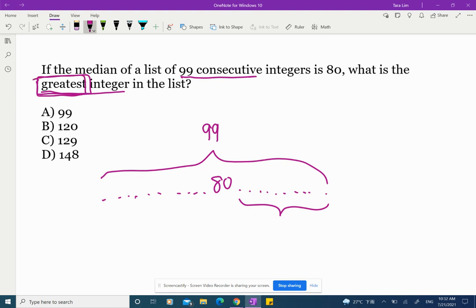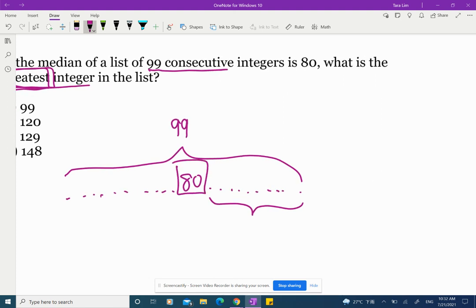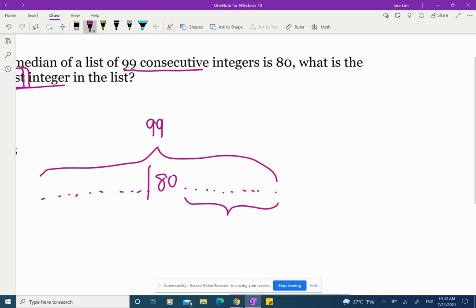So we have 80 as the middle one. First of all, 80 is included. Of the 99 consecutive integers, one of them is 80. One of them is 80. And now, first of all, we know that one of them is 80, so that means 99 minus 1 will give us 98.